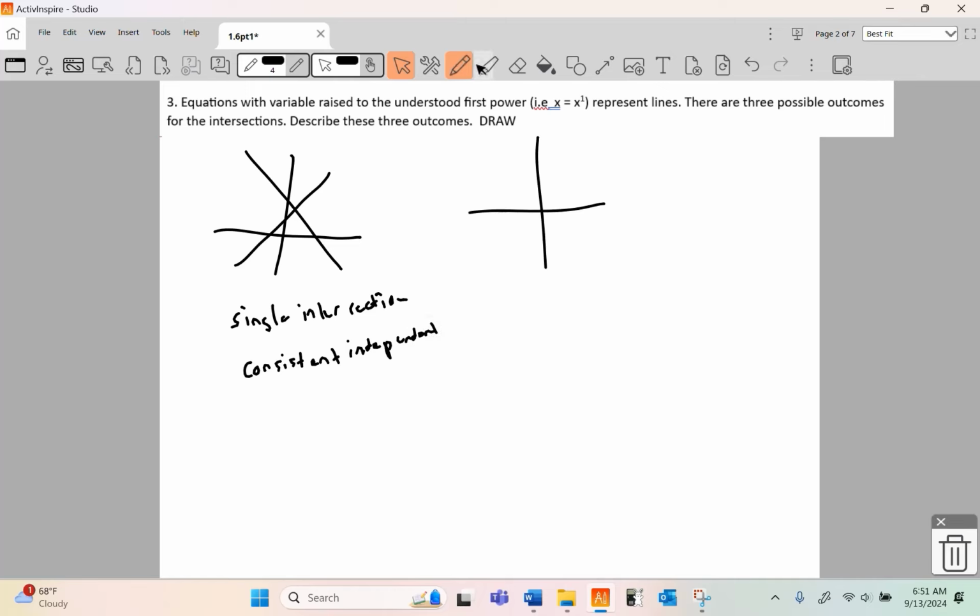We could have the same line intersect forever. So we could have an infinite number of intersections. And we would classify that as consistent dependent.